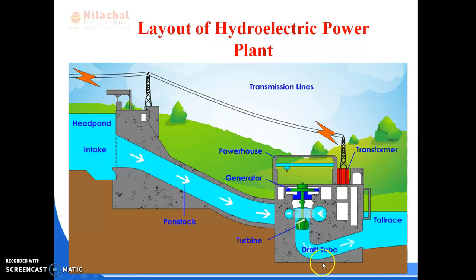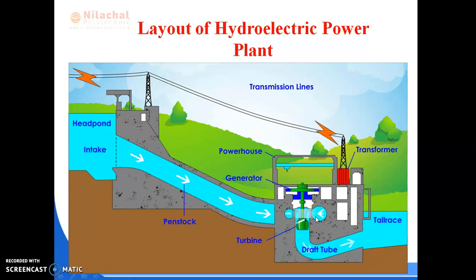What is a turbine unit? As shown in the animation figure, the turbine unit has a shaft having a runner. The runner is attached with blades. The output of the shaft is connected to the generator shaft through a coupling. First, the water from the dam enters the penstock. The penstock provides the water to the casing of the turbine unit.